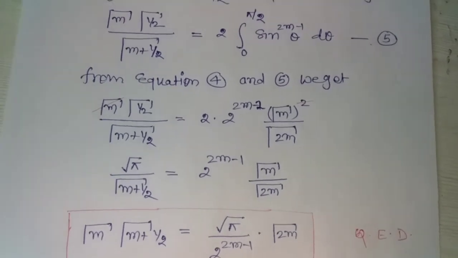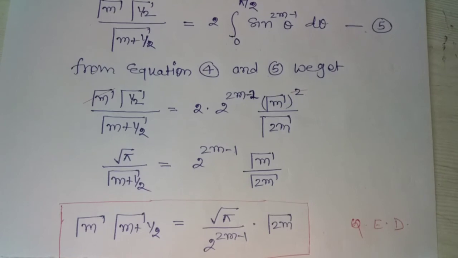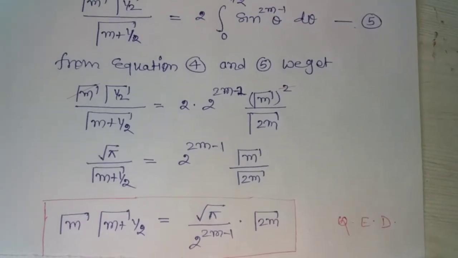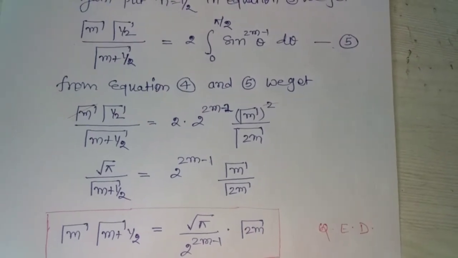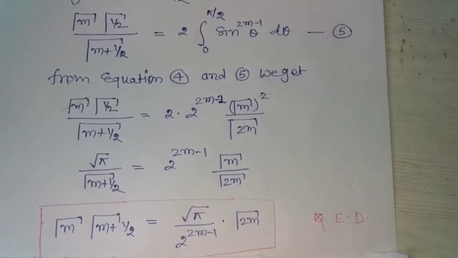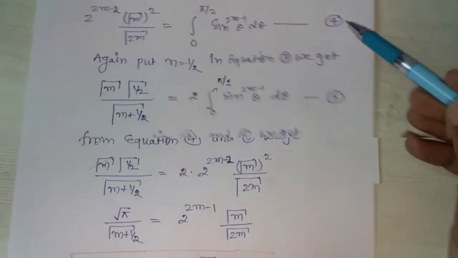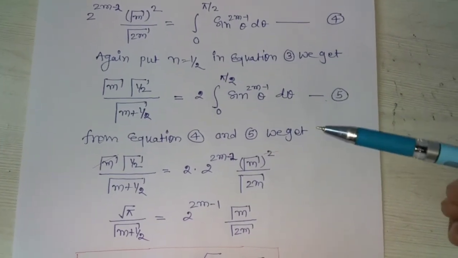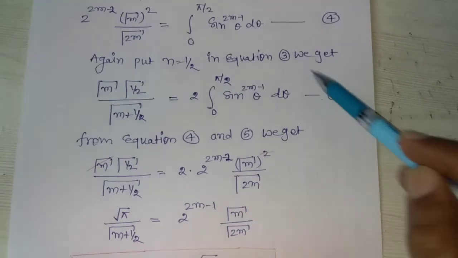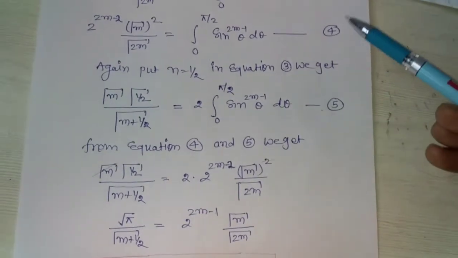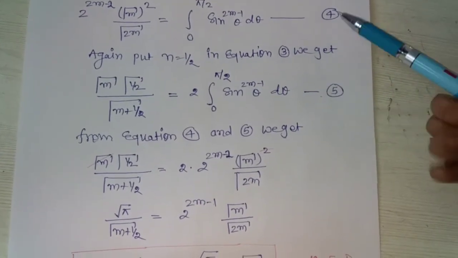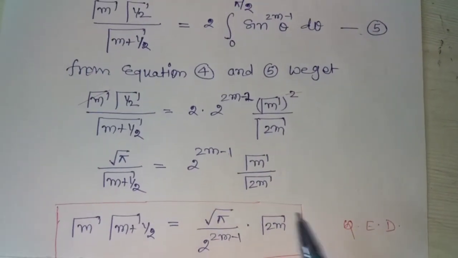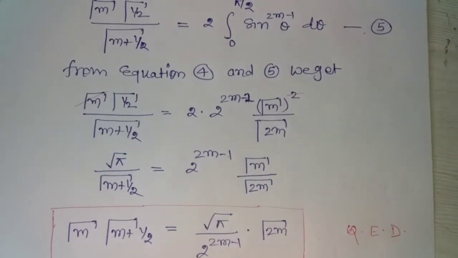Then we equate and get a key relation, and in that relation we put m equal to n to get relation 4, and again we put n equal to half in that relation to get relation 5, and then finally simplifying 4 and 5, we get the Legendre's duplication formula.